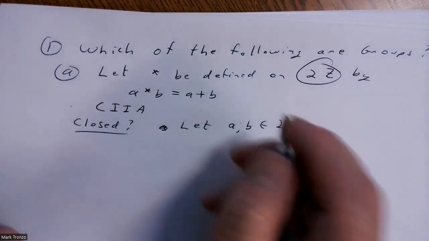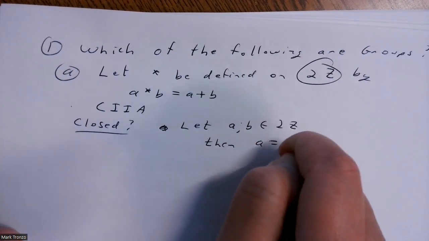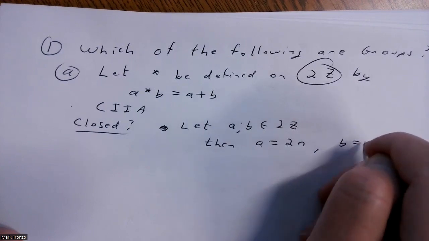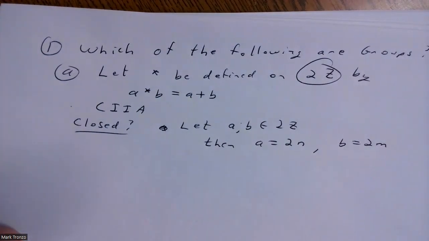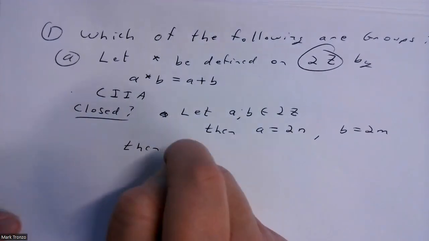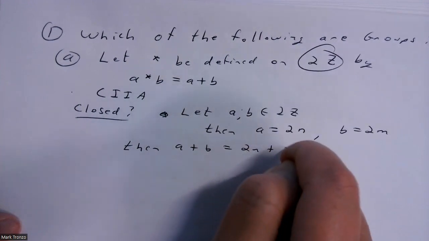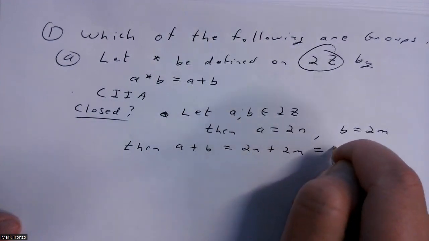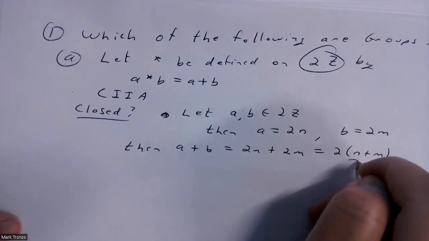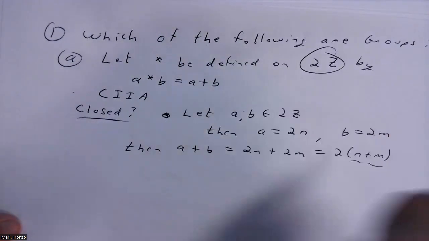You can do a shorter way, or if you want to be rigorous, you can say A is 2n, B is 2m, and then A plus B is going to be 2n plus 2m. If you factor out the 2, you're going to get an integer. So it's going to be 2 times an integer, so obviously that's going to be in 2Z.